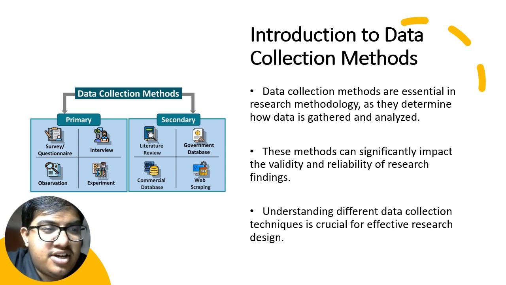The primary consists of surveys, questionnaires that you ask others, interviews, experiments and observations, and many others. While the second part of data collection deals with literature review, government database, local database, commercial database, and web scraping.